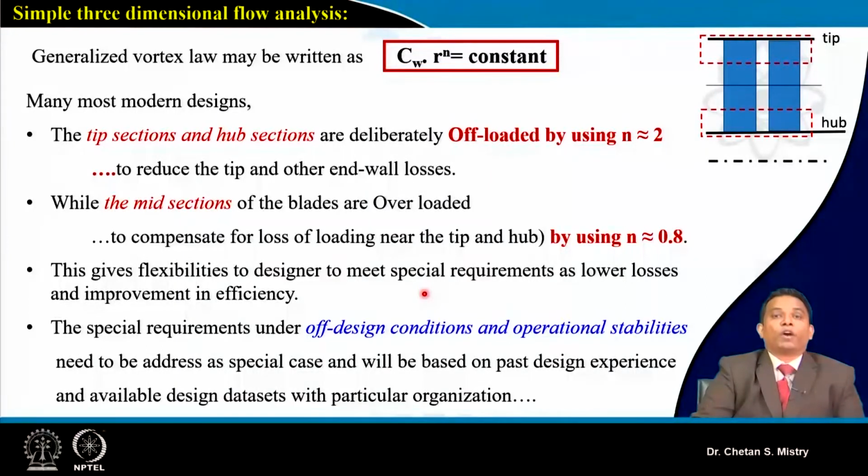For most organizations, they have their own design database, and based on their understanding, their experience, their computational work, and their experimental work, they have made their database, and again when they are doing the design, they use that approach.